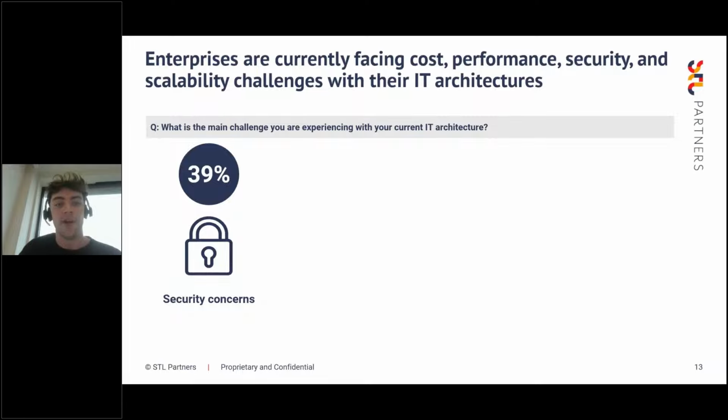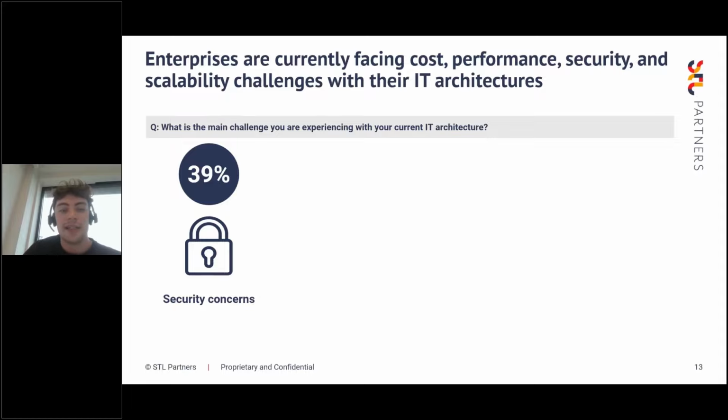And that's regarding IT environments becoming more complex with more sensitive and confidential data to the point where they're potentially vulnerable to breaches and security threats. Interestingly, there was a bit of a variation between the companies that had different IT architectures. So for enterprises who run workloads in the cloud, 47% identified security as their main challenge, which was far and away from the 29% of enterprises that run workloads on-premise and identified security as the main challenge.